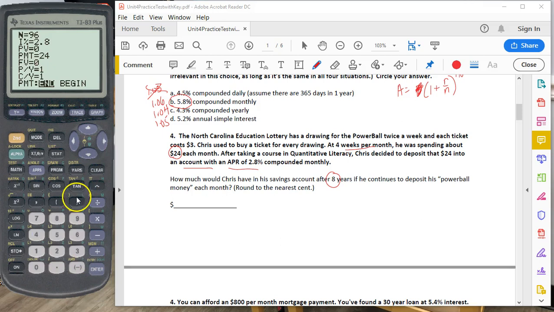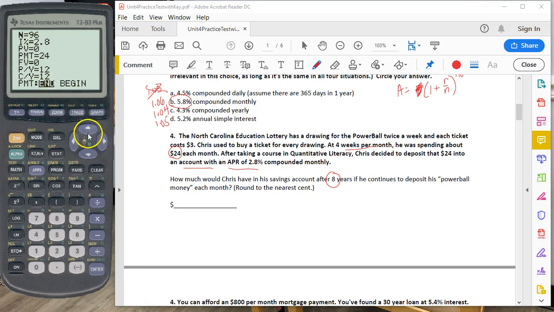I'm going to scoot down to this PY and CY. This is periods per year and compounds per year. It could be different, like if we used it to do our simple compounding problems like for 2 and 3. But those are easy enough to just do by hand, so every time we use a TVM solver in our course, PY and CY are always going to be 12.